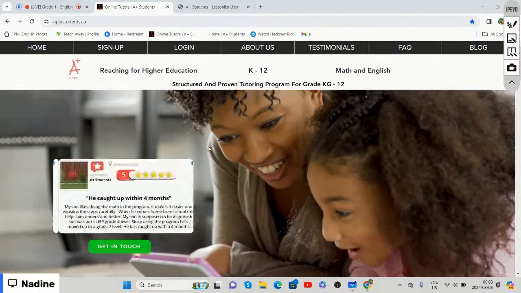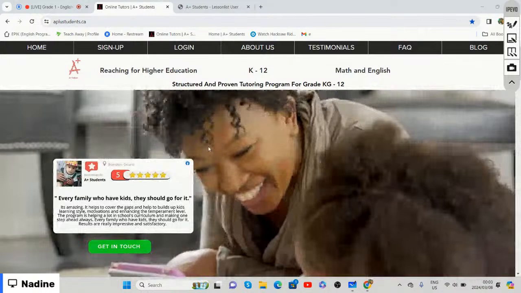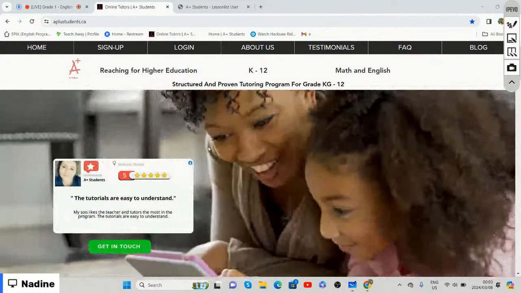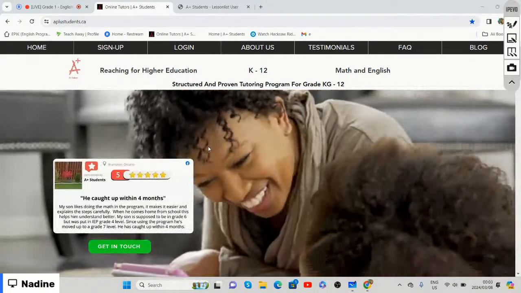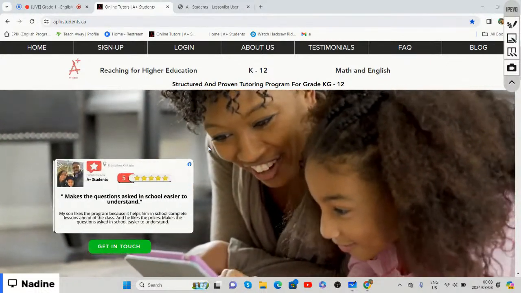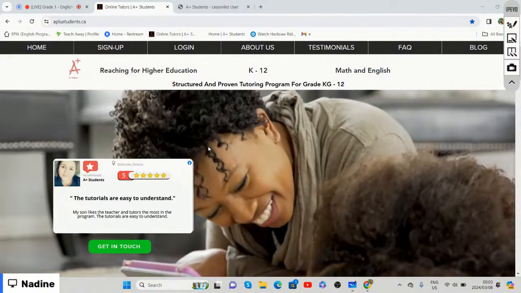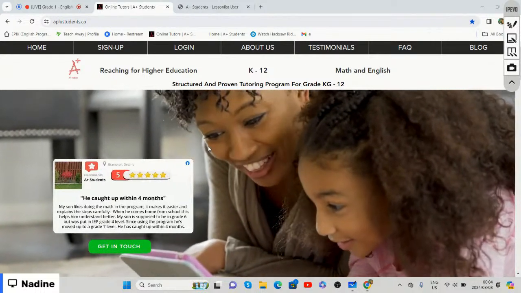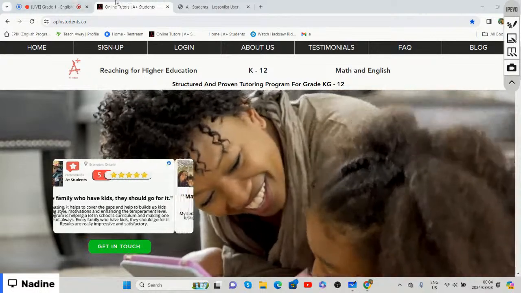Once you've logged on with your username as well as your password, we're going to select the subject of language arts, grade 1, and then scroll down until we get to the chapter of contractions.